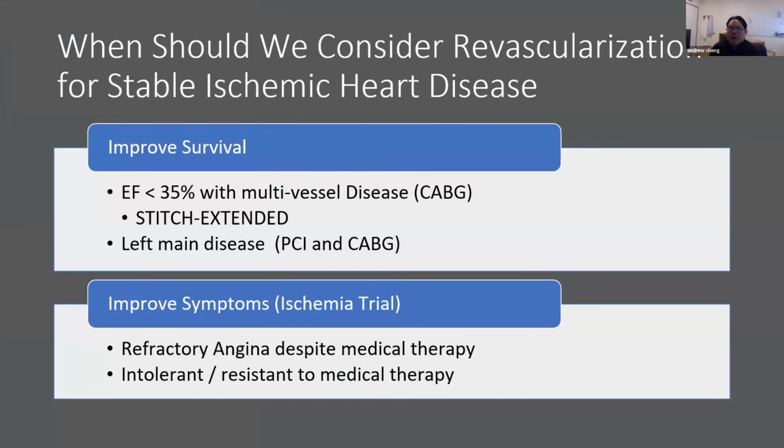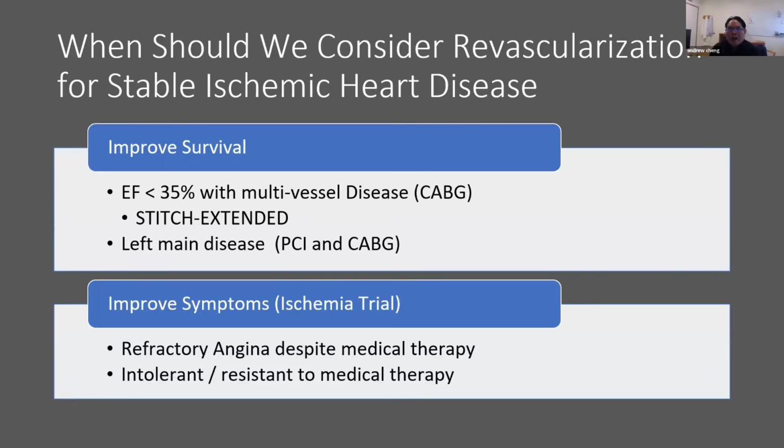And this is based on a randomized controlled trial called STICH or STICHES extended follow-up. This was a study that looked at patients with multivessel disease with a low EF, less than 35%, and they randomized them to either CABG or medical therapy. And in that situation, it did show that CABG improved mortality.